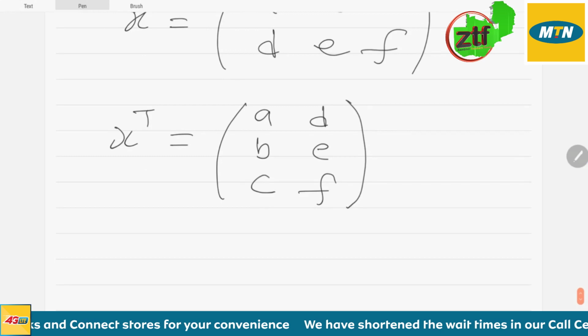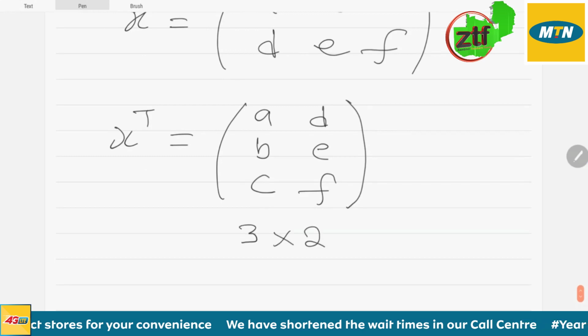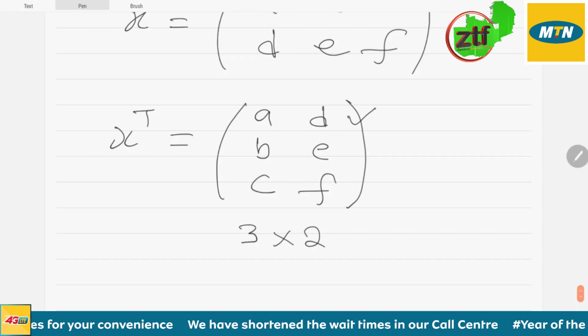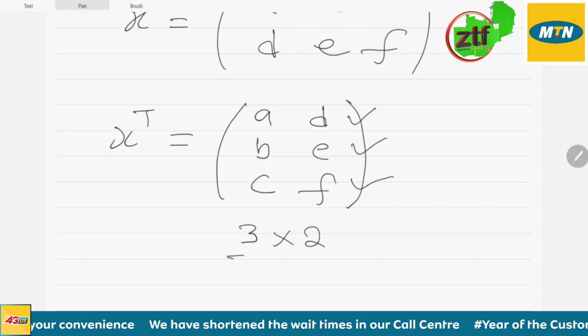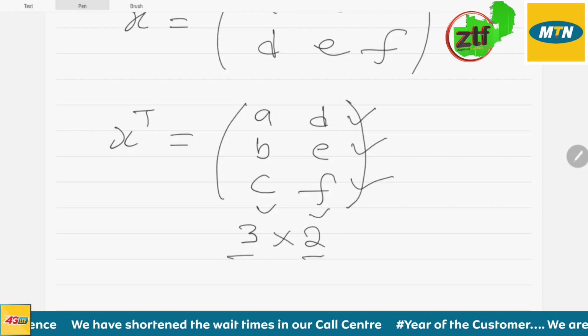So the order of this matrix is 3 by 2 because we have 3 rows, 1, 2, 3, and 2 columns, 1, 2.